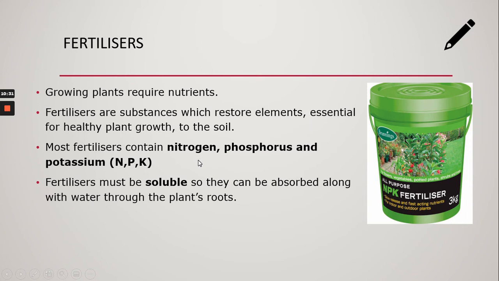Most fertilisers contain nitrogen, phosphorus and potassium, so you'll see the symbols here, NPK. If you're buying an artificial synthetic fertiliser, you'll usually see the symbols NPK, and quite often it gives you the composition, what proportion of the fertiliser is nitrogen, phosphorus and potassium.